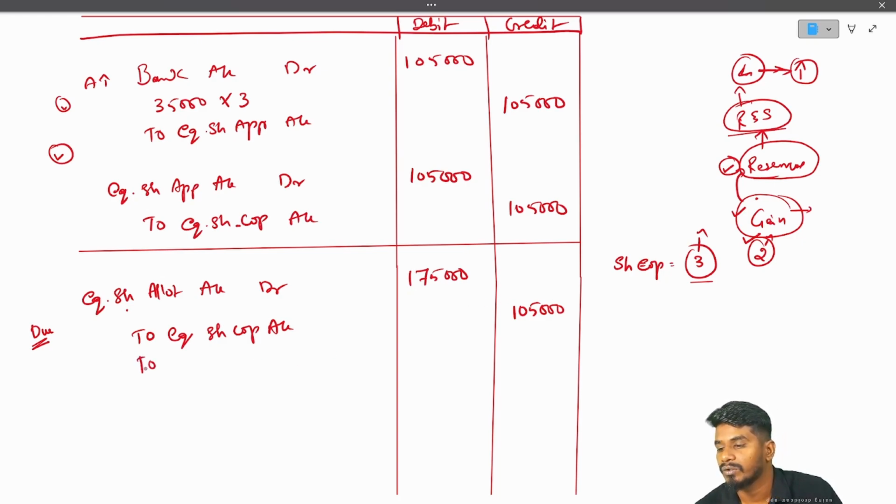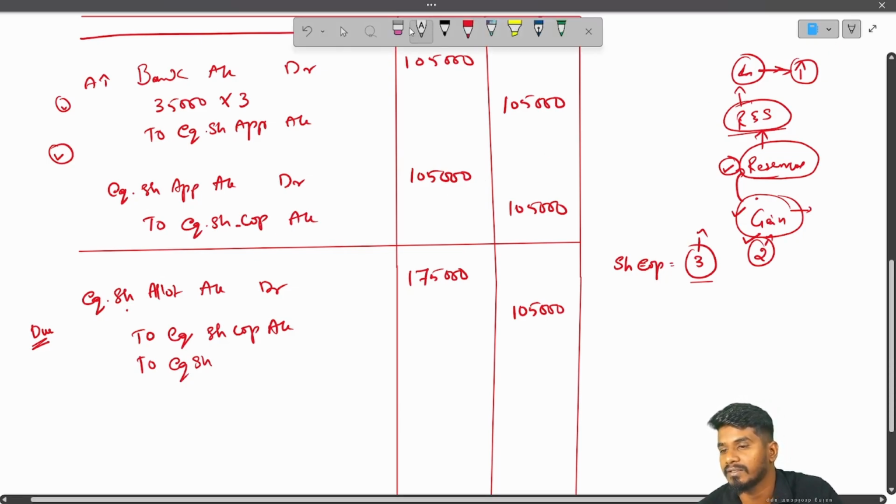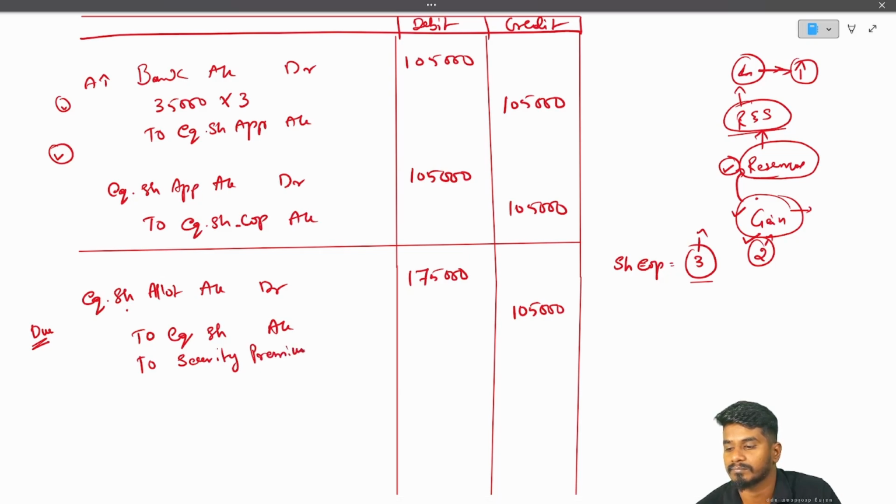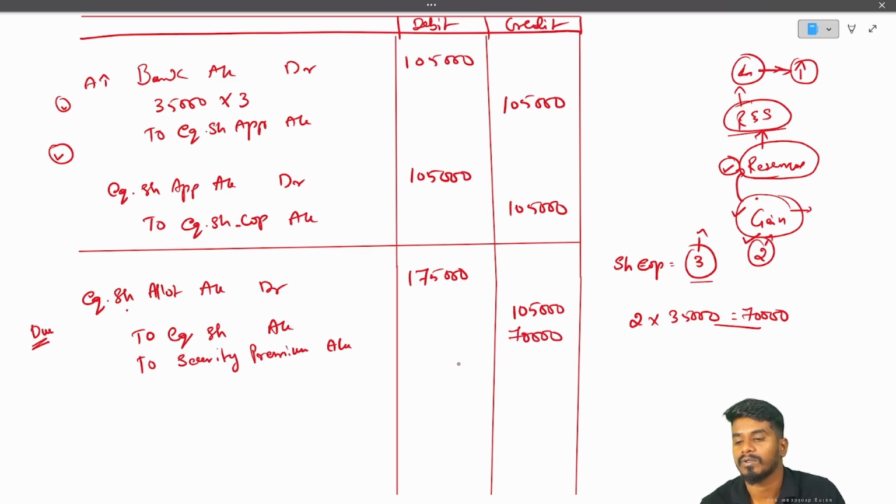So here, securities premium account. How much do we need to transfer? 2 rupees into 35,000, so it is 70,000. So 70,000 we need to show.